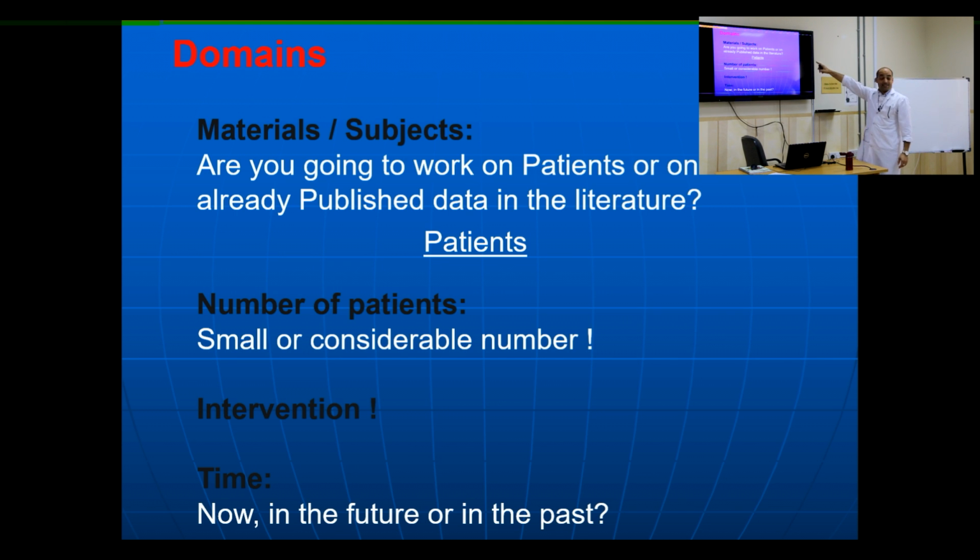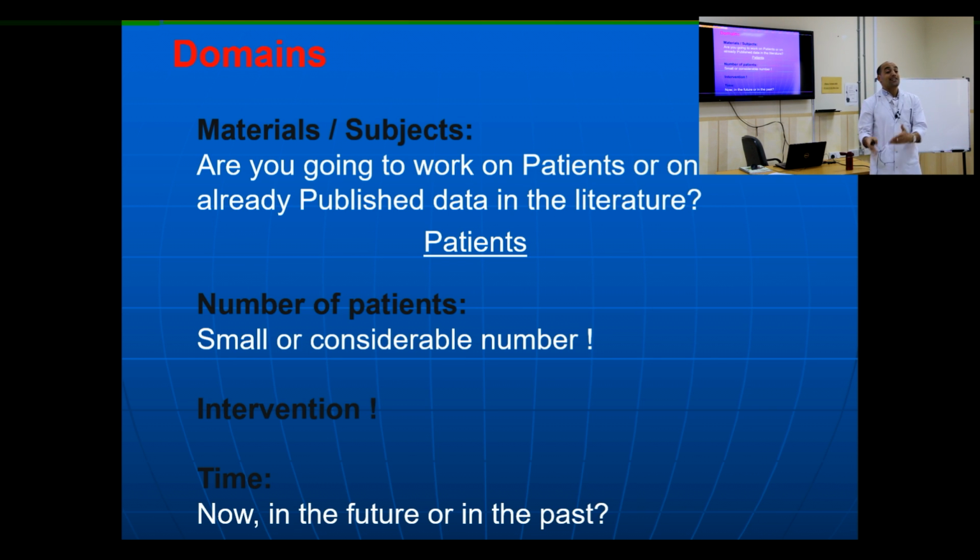The first domain is your materials. The first question you ask if you are going to do any study or research is, what are your materials? I'm going to work on already published data, or I'm going to work on patients.